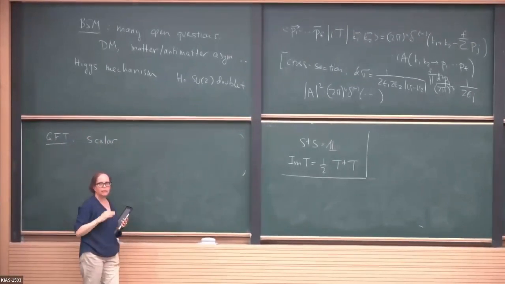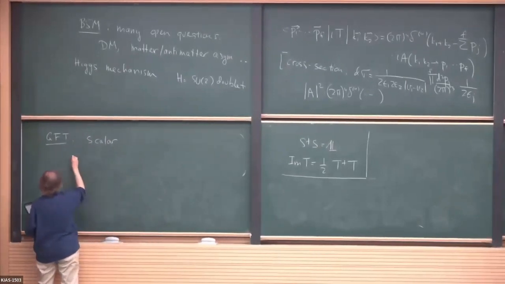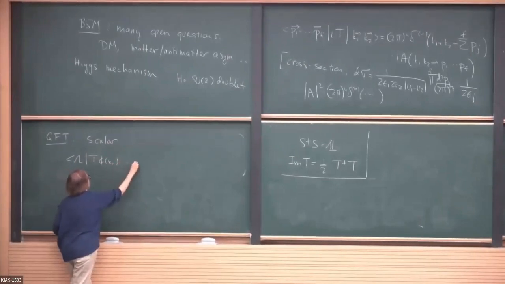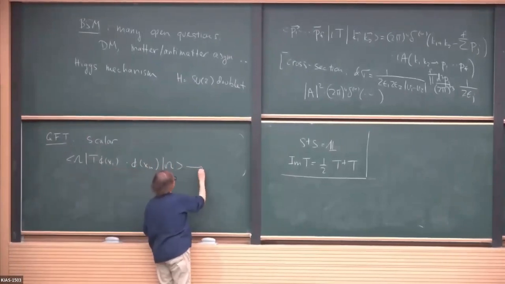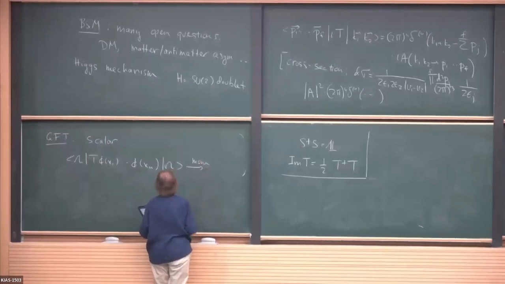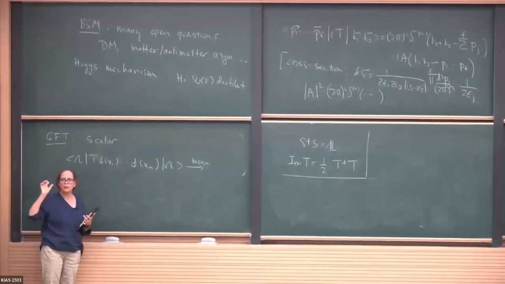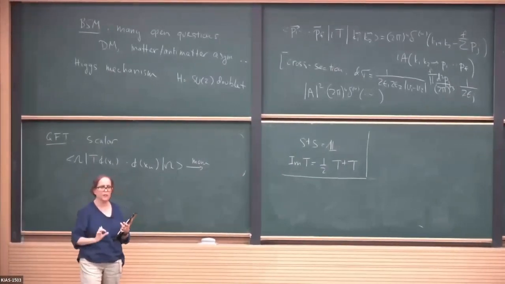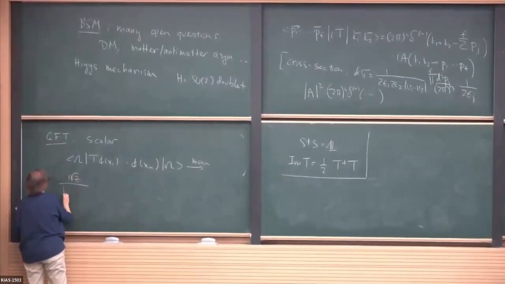Suppose I want to calculate an n-point amplitude. What should I do? I should look at the n-point correlator, phi x1 to phi xn. I should go to momentum space. There, if I'm interested in the amplitude, I should look for the multi-particle pole such that I have a pole for each one of the external legs. So each one of the external legs comes with something like this.